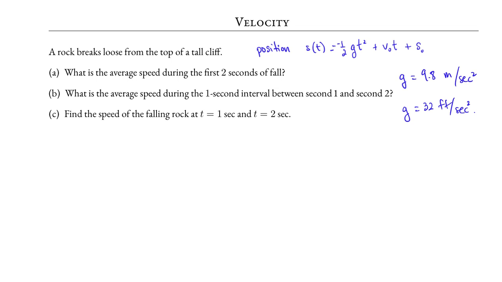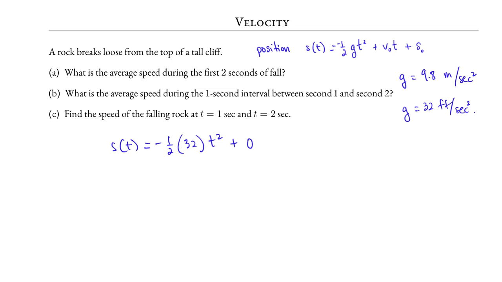Alright, so s of t is negative 1/2 the gravity, 32, t squared plus the initial velocity, which is 0 because the rock breaks loose. No force was applied to the rock, and so the initial velocity is 0.